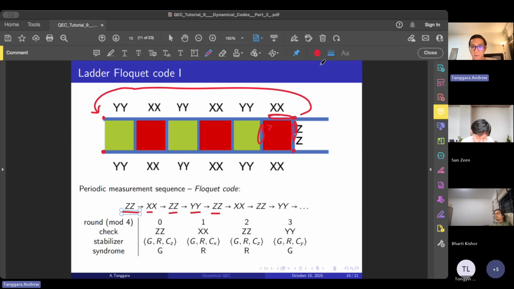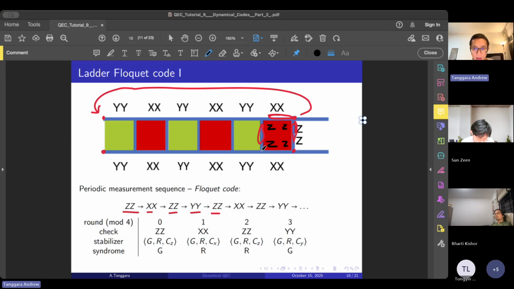And then what that means is that now I'm measuring... Okay, I'm using red on red, so let me change color there. So I'm gonna get this ZZ, right? And I have all these four Z's on the red plaquettes.